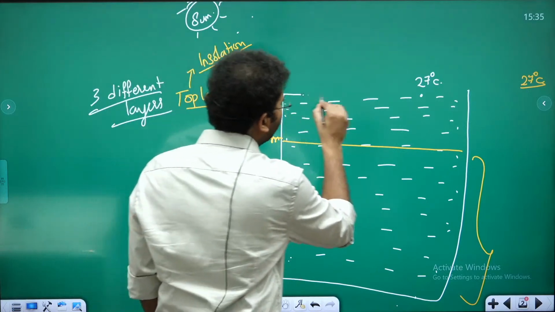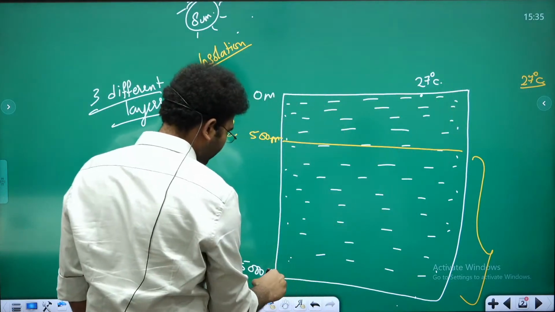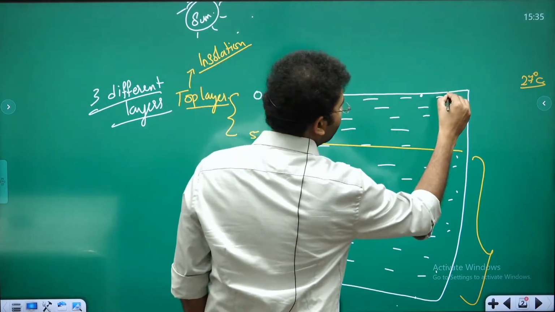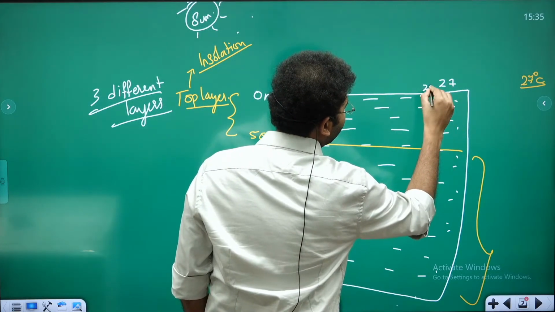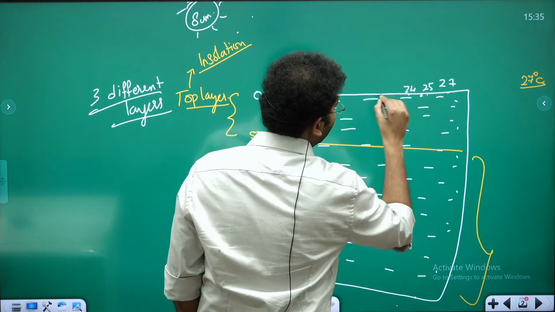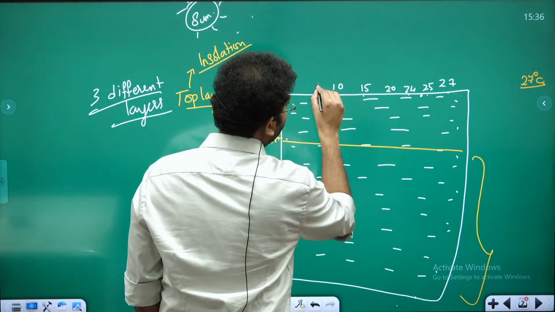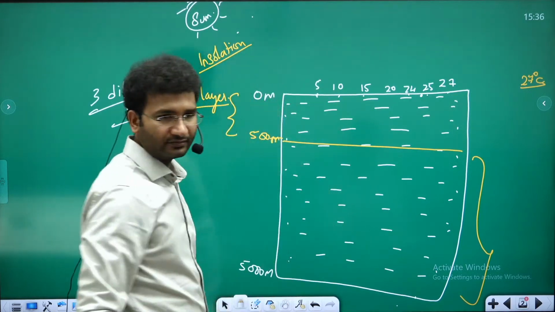Imagine, let me also put the profile of temperature here. So imagine on this scale, 27, 25, 24, 20, 15, 10, 5 degrees Celsius.